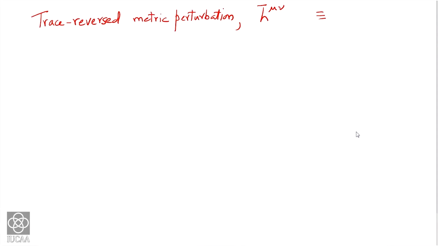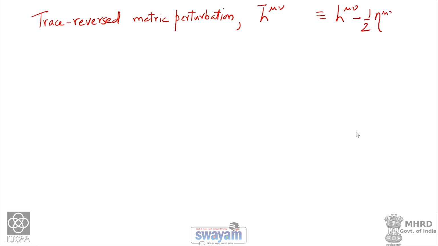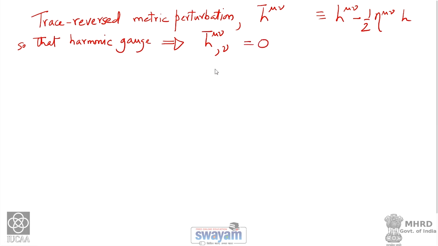This is defined as h bar mu nu equals h mu nu minus half eta mu nu h, so that the harmonic condition implies that the traced reverse metric fluctuation, if I differentiate with respect to x nu and sum it over, it is 0, which is same as del by del x nu of h mu nu minus half eta mu nu h.